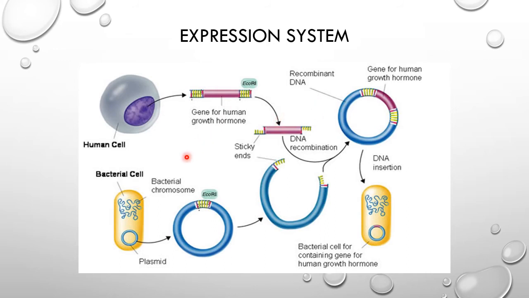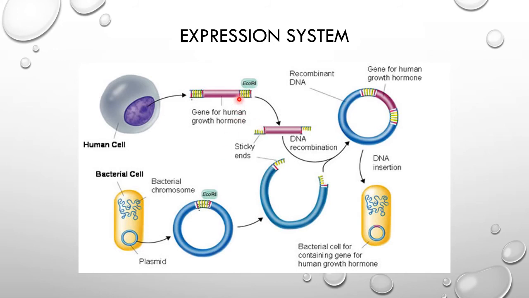And then there is a bacterium in which there is a plasmid, and we isolate the plasmid from the bacterium, and we also cut the plasmid at the specific sequence with EcoR1. These are basically the enzymes.